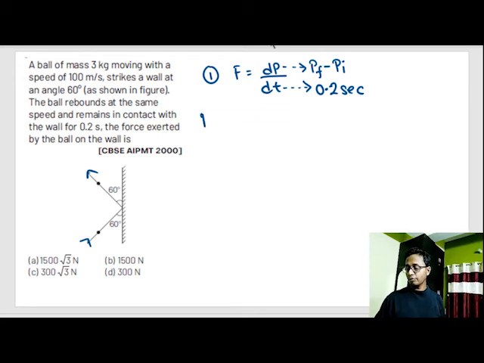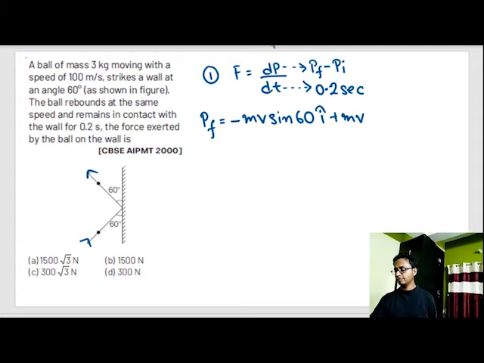Now what is final momentum? Final momentum is nothing but minus mv sin 60 i plus mv cos 60 j. See, this is the final vector. If we project this vector onto the wall, we get mv cos 60 j, and on the opposite wall we get sin 60 i.